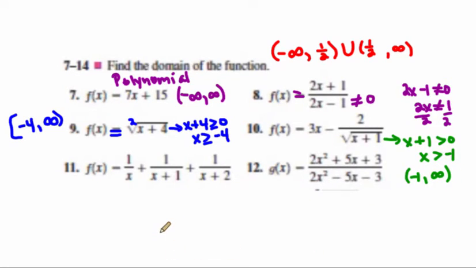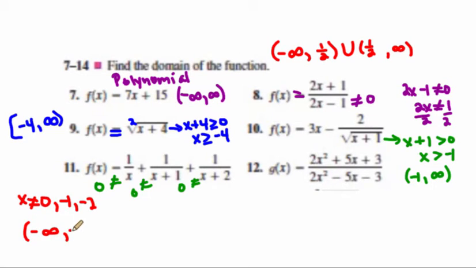Okay, here we have 3 different denominators. I have to make them all not equal to 0. So this is going to be a little crazy. I will have x can't equal 0, -1, or -2. So my interval, it's a big long union.